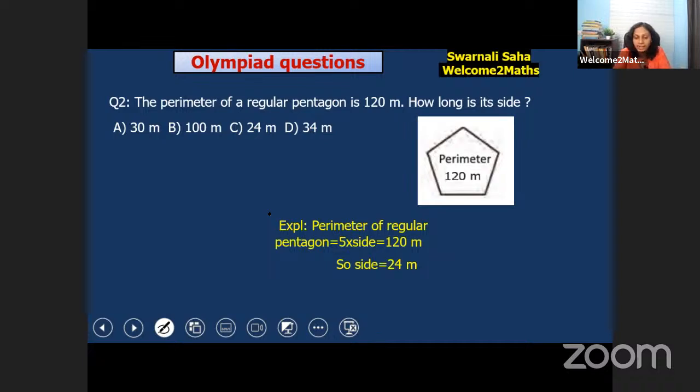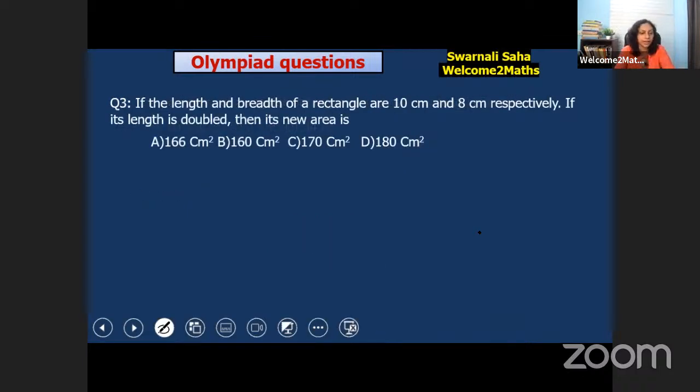So obviously the side is 120 by 5, which is 24 meter. So option C is the right one. Very good. Okay, let's move on.